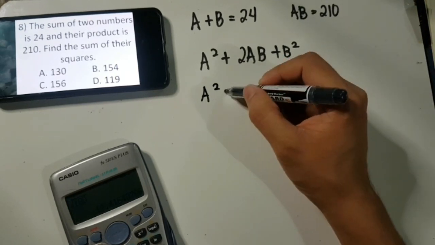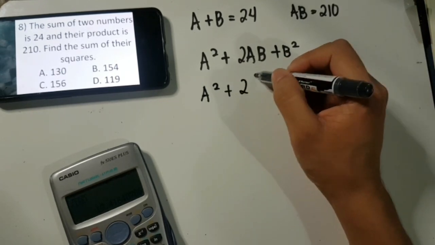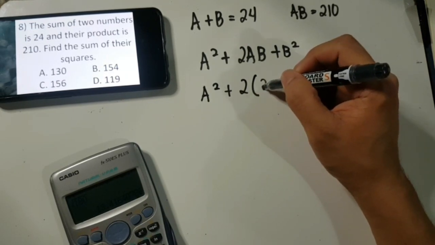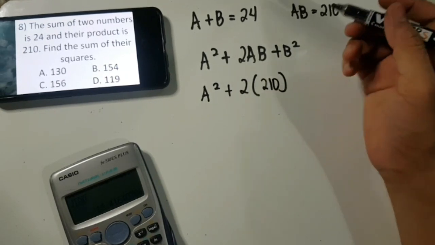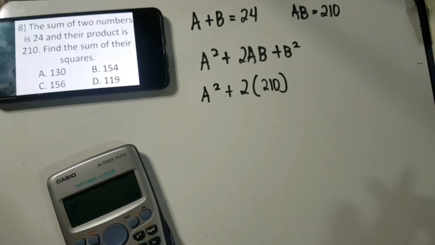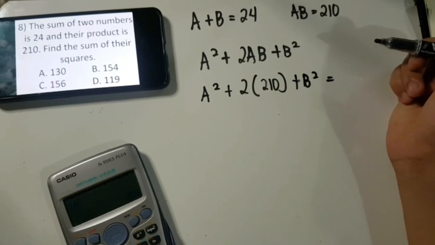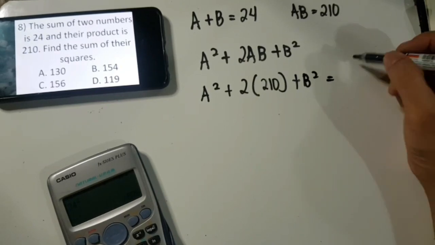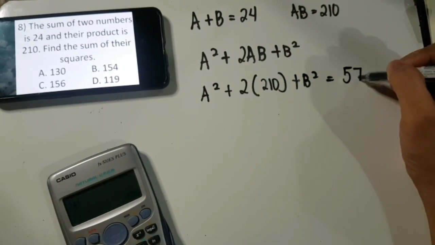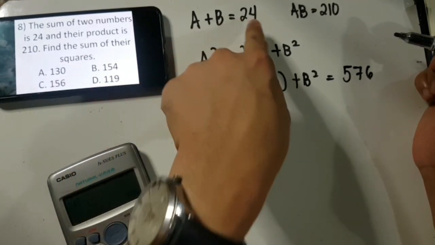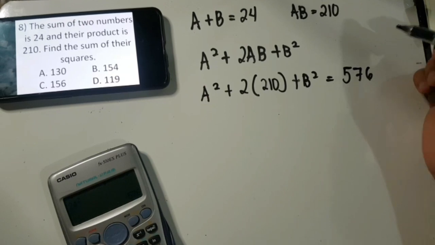So, A squared plus 2AB, which is 210, plus B squared. So, this is equal to 576. Bakit po? I-square nyo lang po itong A plus B kasi ni-square nga natin siya. Okay?